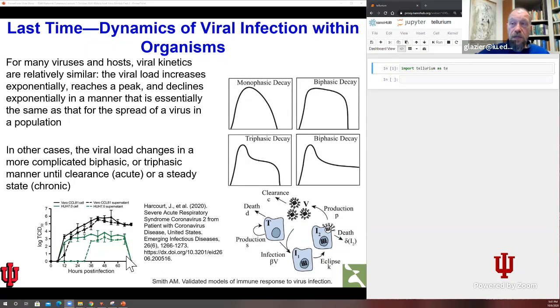The other thing that was interesting here, which we didn't talk about so much, was that they measured the amount of virus in the cell and also the amount of virus outside the cell. And that gives you a sense of the time that it takes to go from these I1 cells, where the virus is replicating in the cell but not released, to these I2 cells, where the virus is actually being released by the cells.